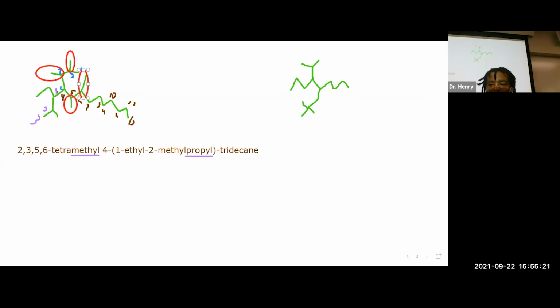Okay, so let's see. Let's do this guy. Okay, longest chain. 9. Which way? Right to left or left to right?